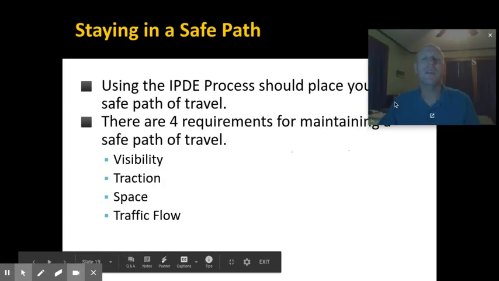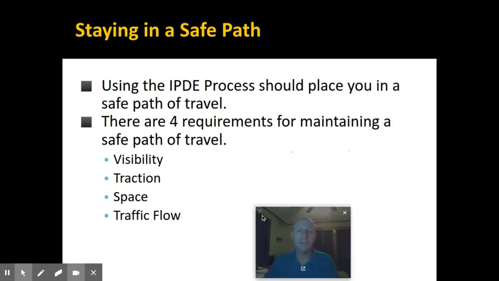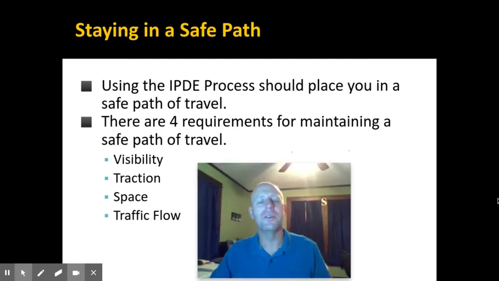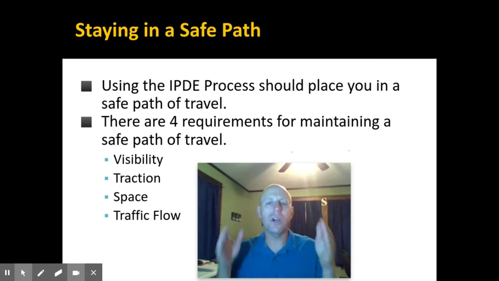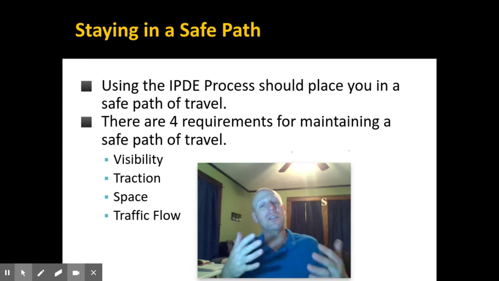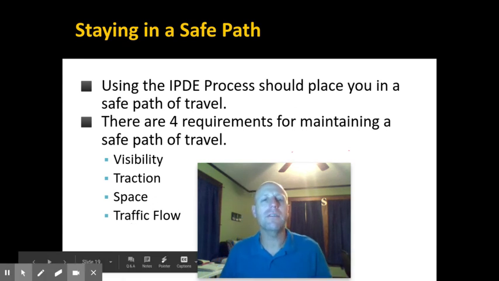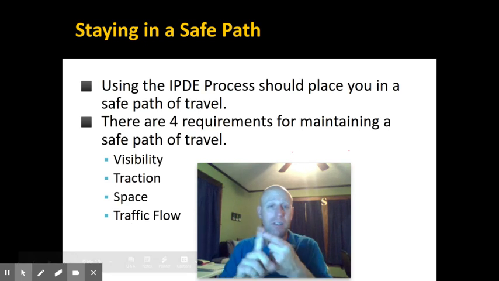Okay, so a few other things for us to talk about here. Here, I'll find room for me down here. There we go. So the IPDE process is designed to keep you in a safe path. We want your car in a safe path, and that's the same that we want for everybody out there on the roads. So by using the IPDE process, that should place you in a safe path of travel. How do we know if we have a safe path of travel? The way that we know that we have a safe path of travel is we're able to see, so we have good visibility.